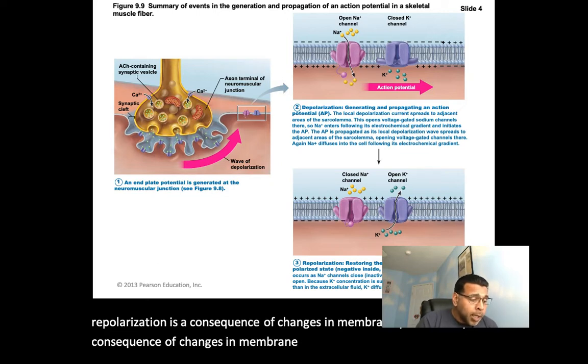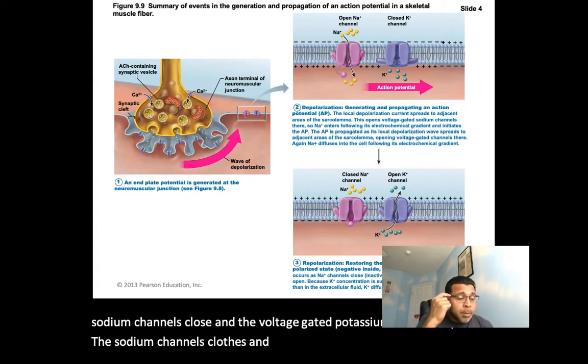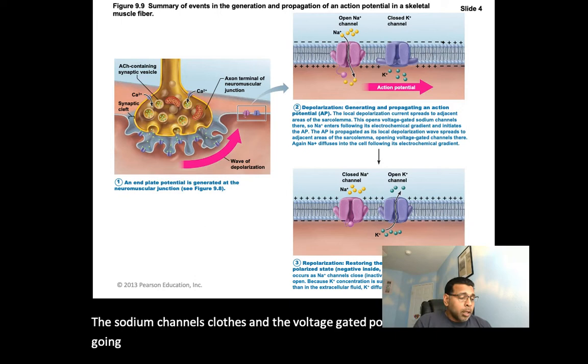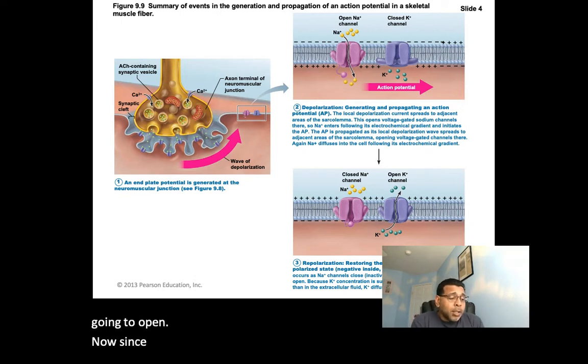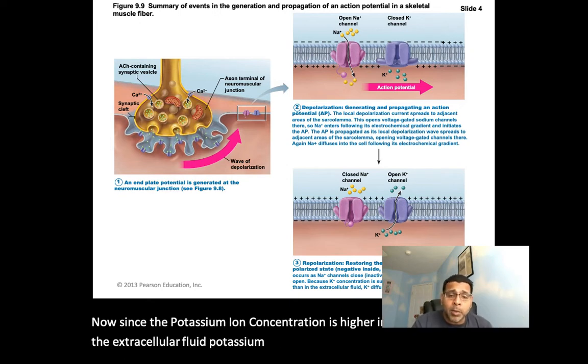In this case, sodium channels close and the voltage-gated potassium channels open. Since the potassium ion concentration is higher inside the cell than in the extracellular fluid, potassium is going to diffuse out, as we can see in this bottom picture.